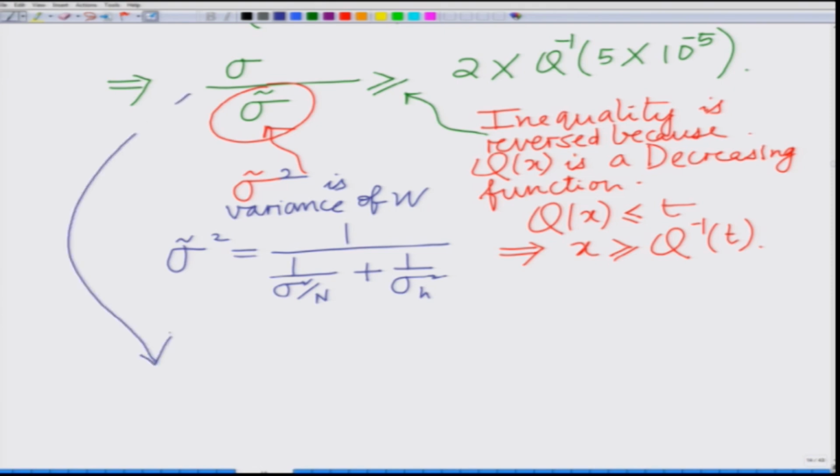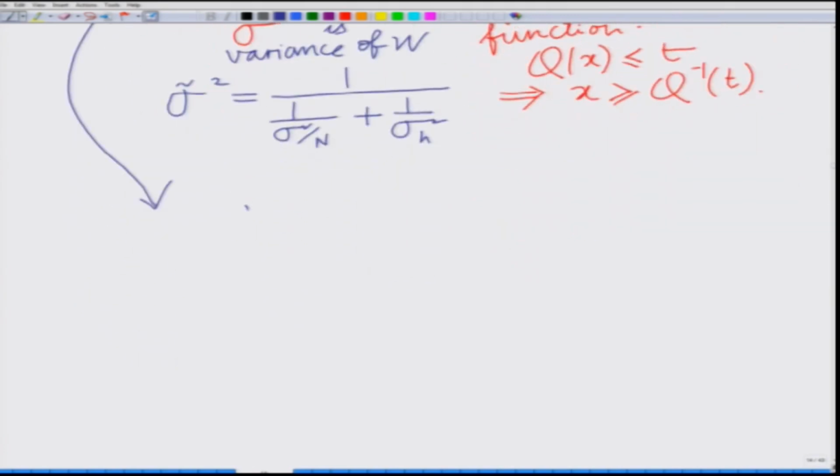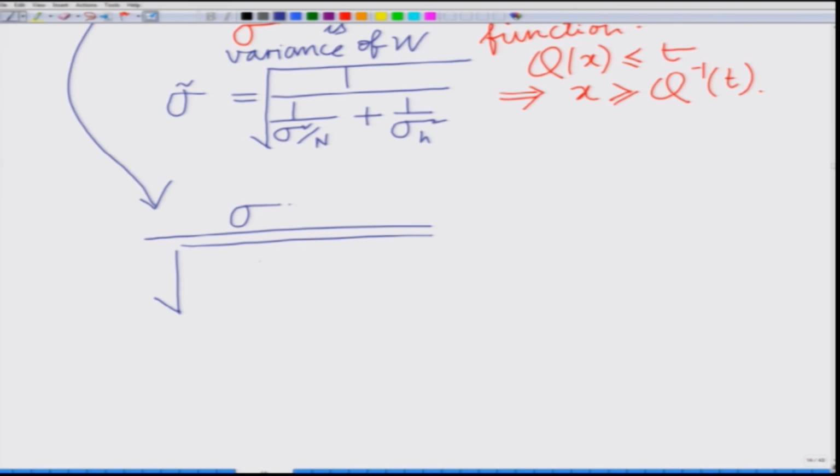So, what does this imply? Basically, this implies your sigma divided by sigma tilde, which is sigma times square root of 1 over sigma square by n plus 1 over sigma h square.